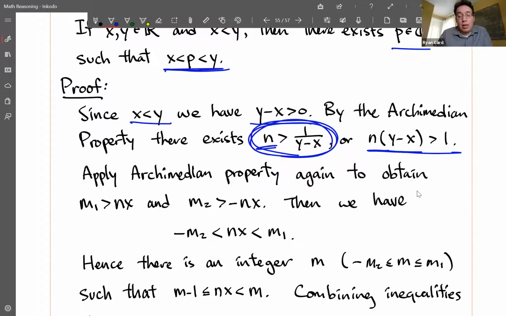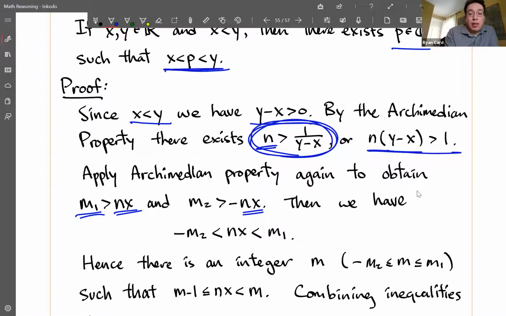Now we have to find the numerator for the rational number. We're going to use the Archimedean property a couple more times. So let's say nx is a number. If we use the Archimedean property, we can find m1 that's greater than nx.